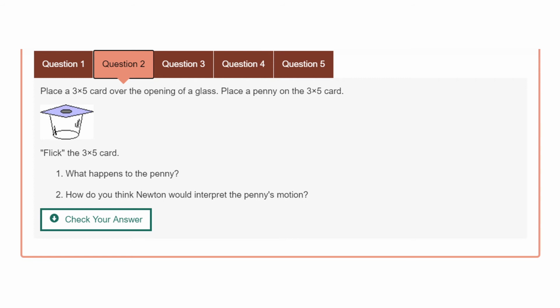But if we move the card extremely fast, then of course the penny is going to fall from the card, which one more time will be related to his theory, because with a higher force it will actually affect the state of rest that the coin previously had.